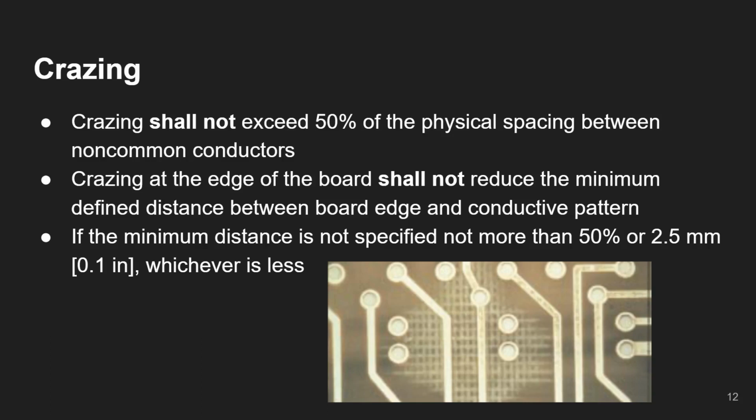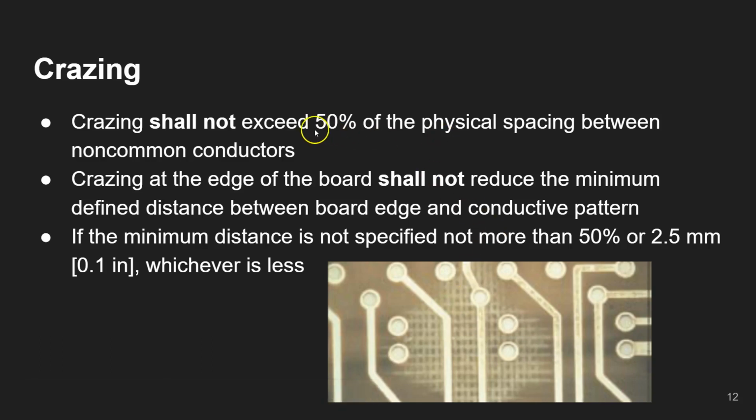Creasing is a much less controlled separation in the base material, forming interconnection between measles and possibly adjacent conductive patterns. Therefore, the acceptance requirements for creasing are set in the same way as you have seen for delamination and blisters.